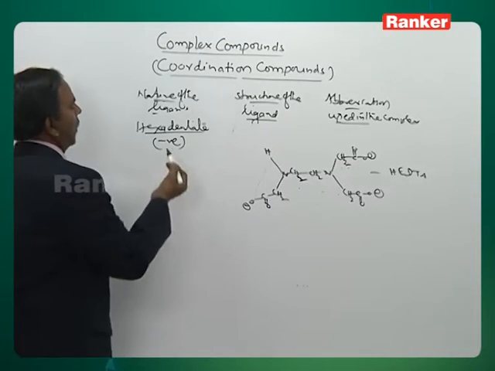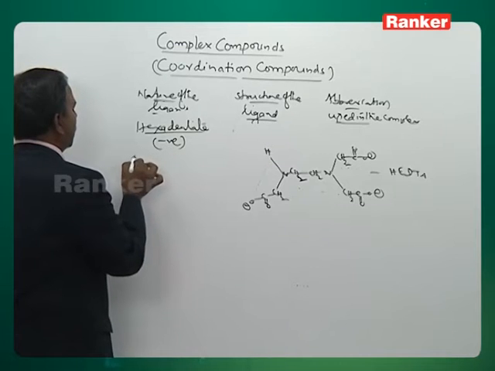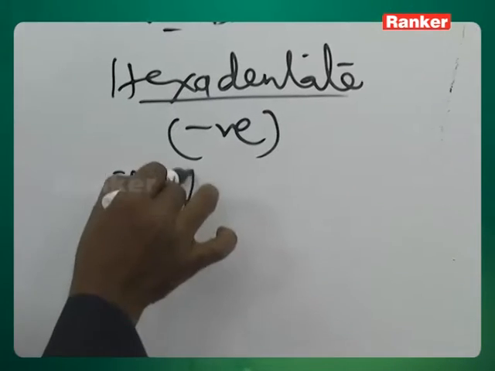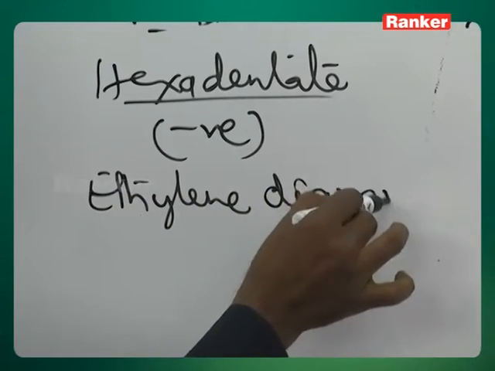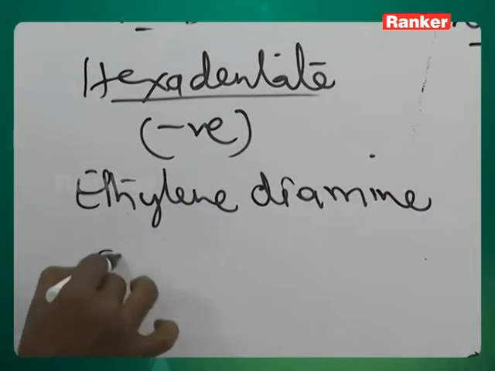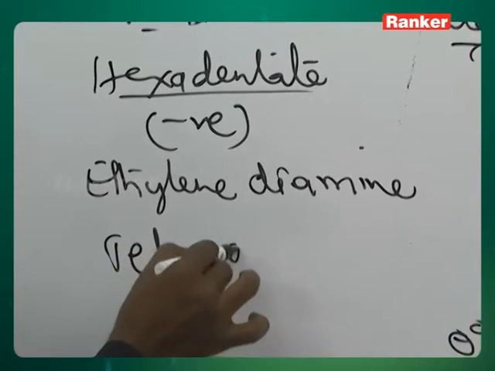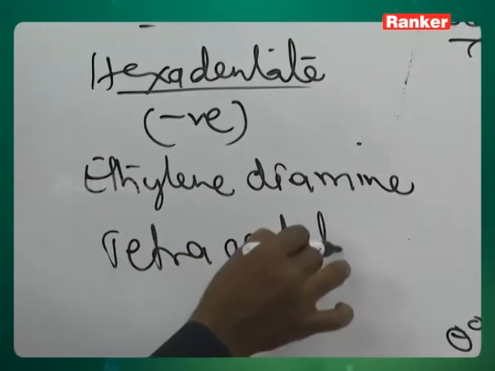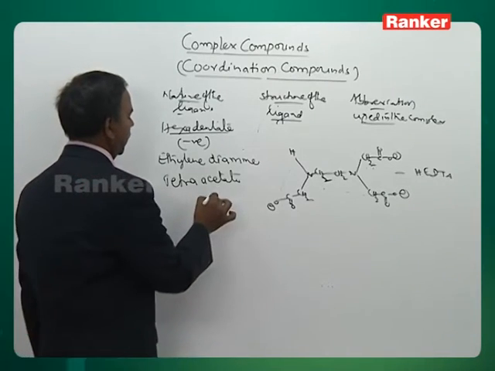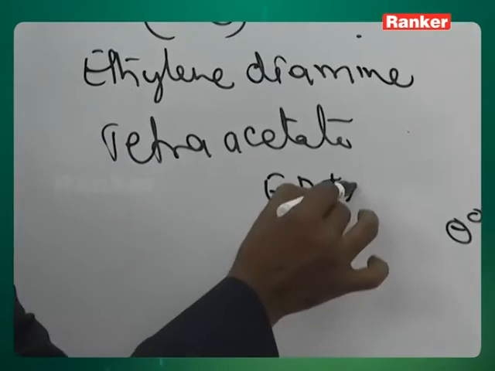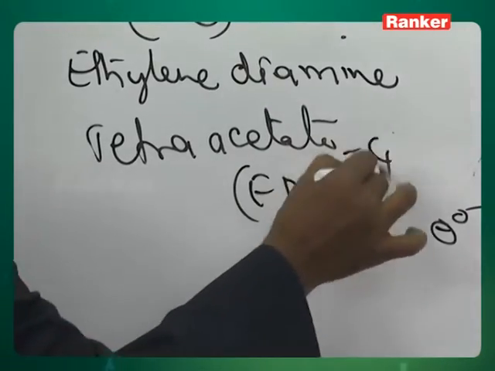The same ligand we call ethylene diamine tetraacetate. It has 4 charges, EDTA -4.